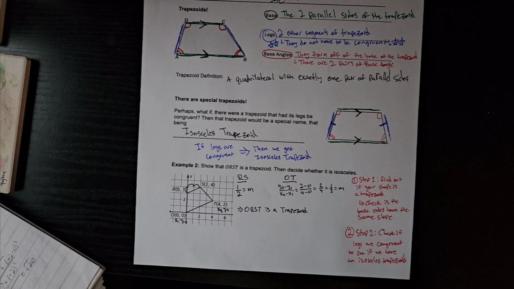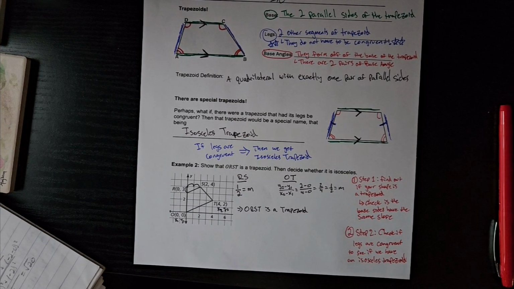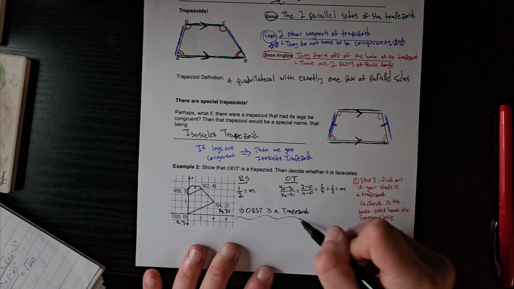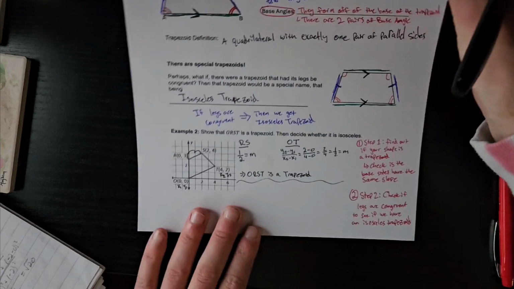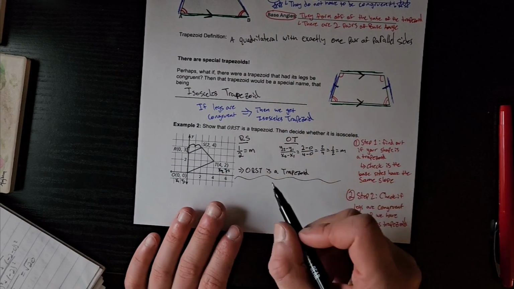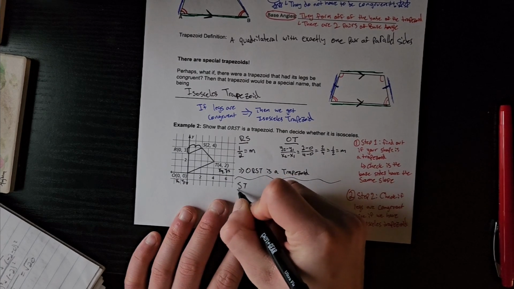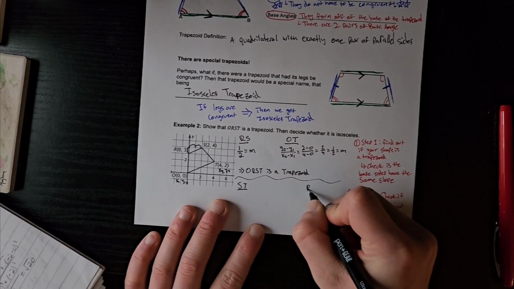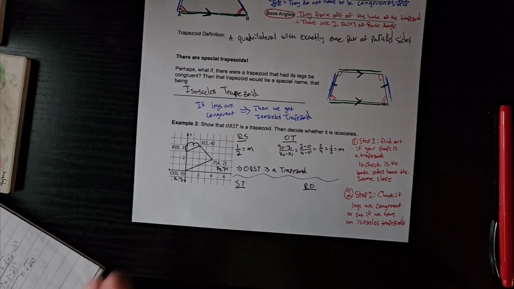So I need to check if these are congruent with each other. Now, to check if these legs are congruent, the legs are going to be ST and RO. That's our legs.